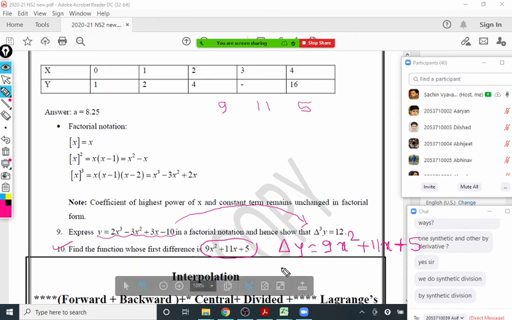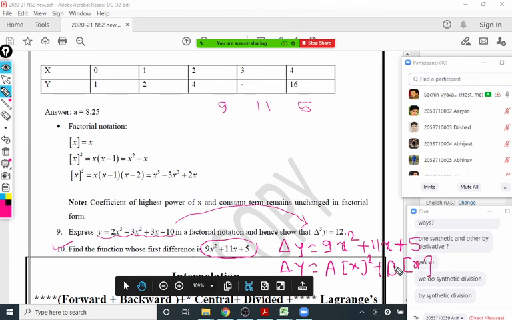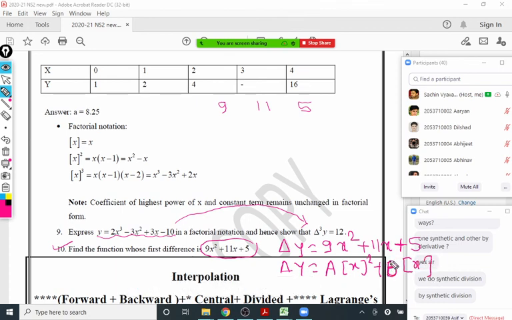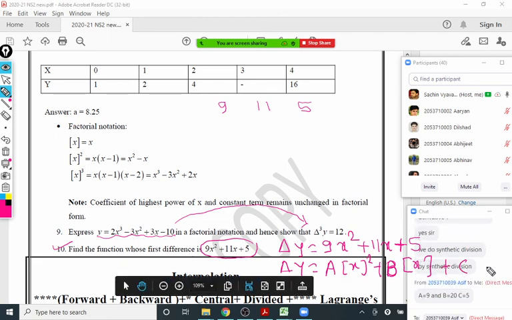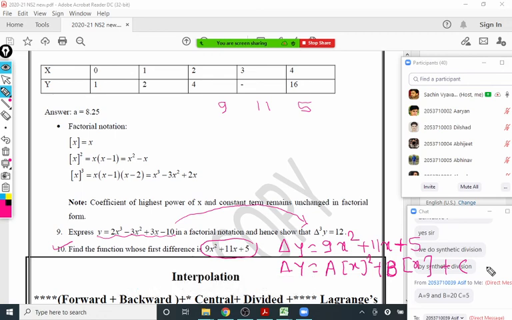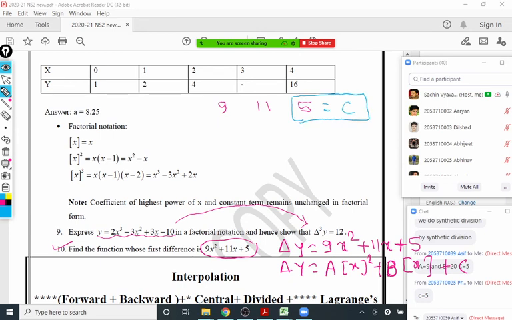We want to write delta y as a second factorial of x plus b first factorial of x plus c. So what is the value of c? Yes, Asif has already calculated. C is 5. That's correct. The last value is always there, c as it is, the constant. But for the other two, yes, we have to do the synthetic division.